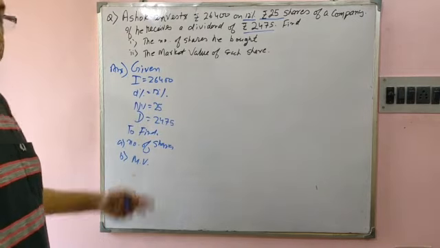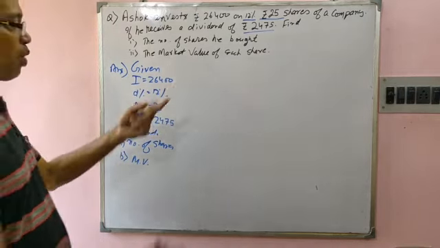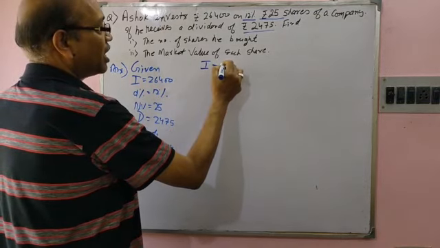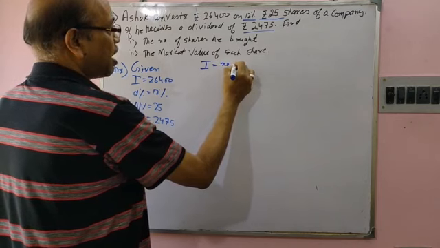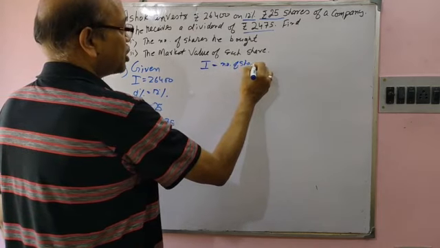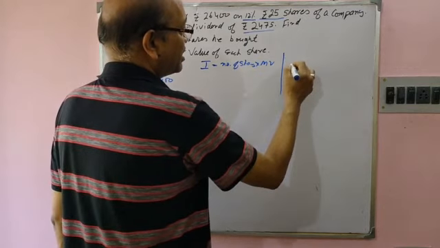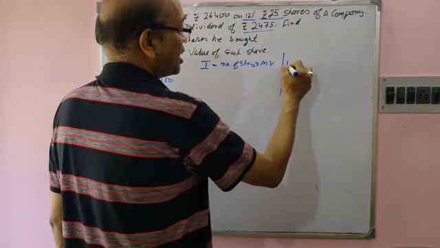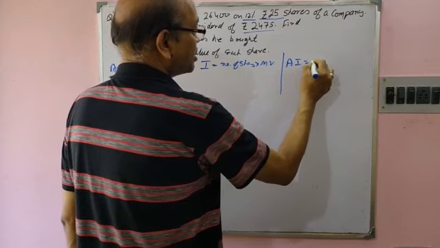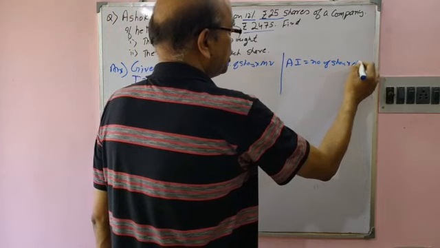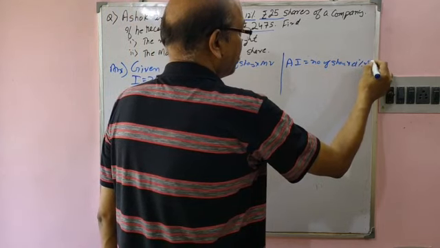Now to find the number of shares, we have two formulas. One with investment, that is investment is equal to number of shares into market value, and another formula is annual income is number of shares into D percent into nominal value.